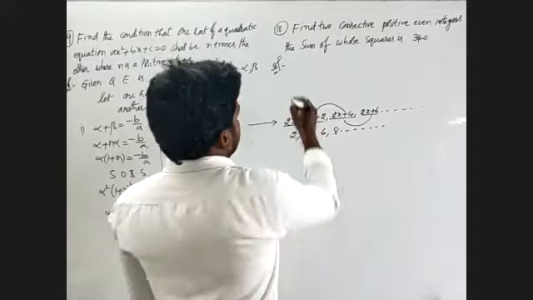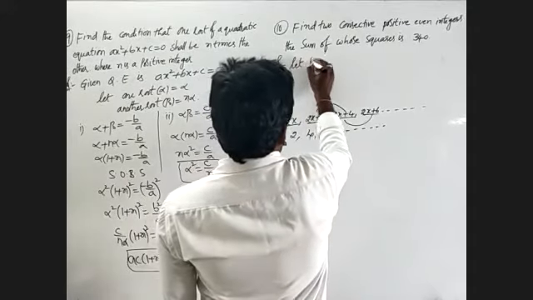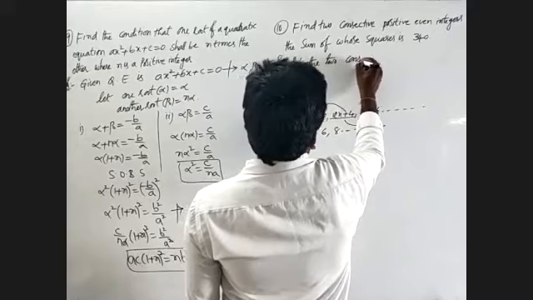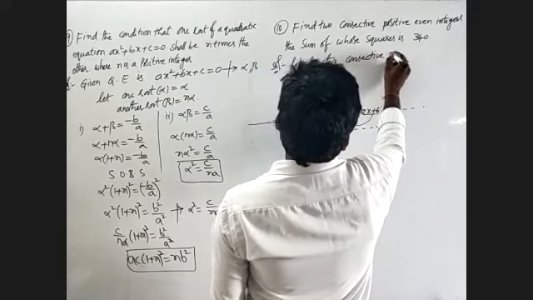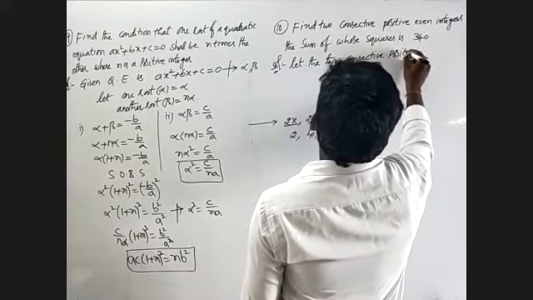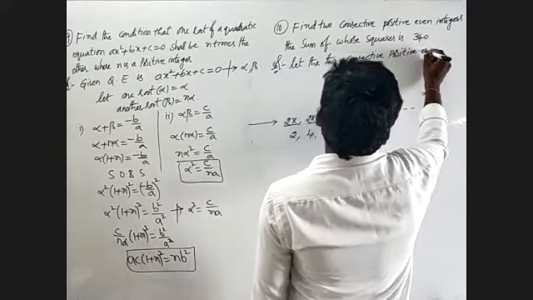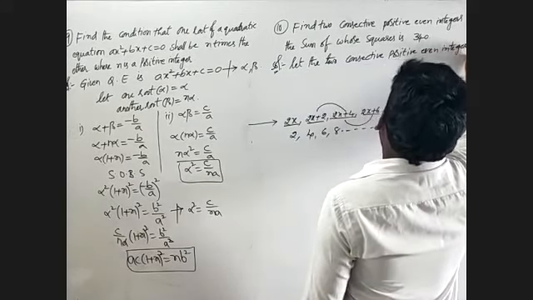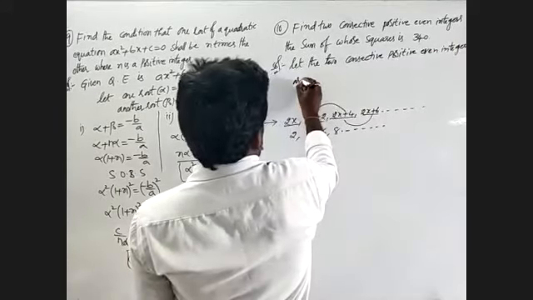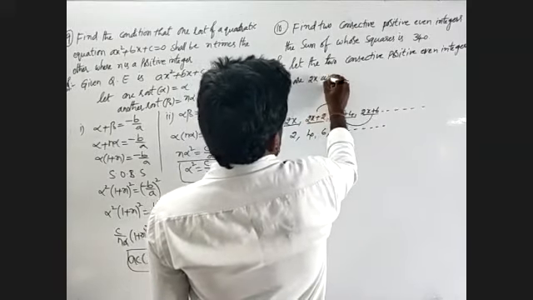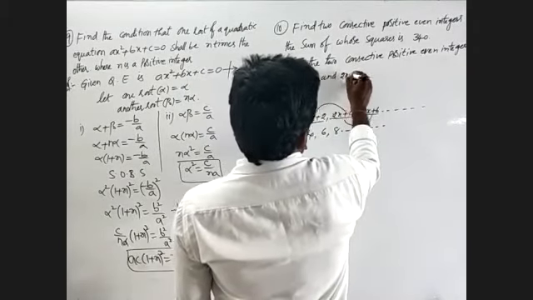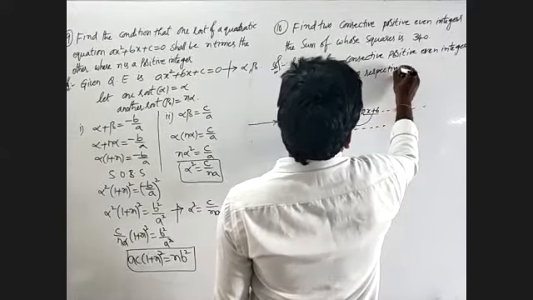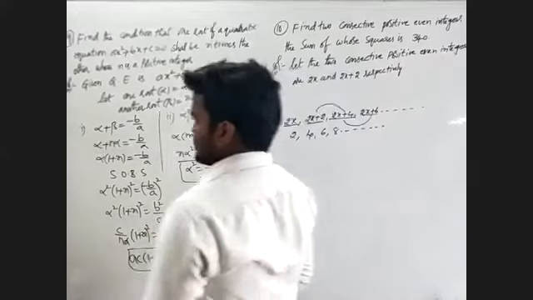First I will take, let the two consecutive positive even integers be 2x and 2x plus 2 respectively.